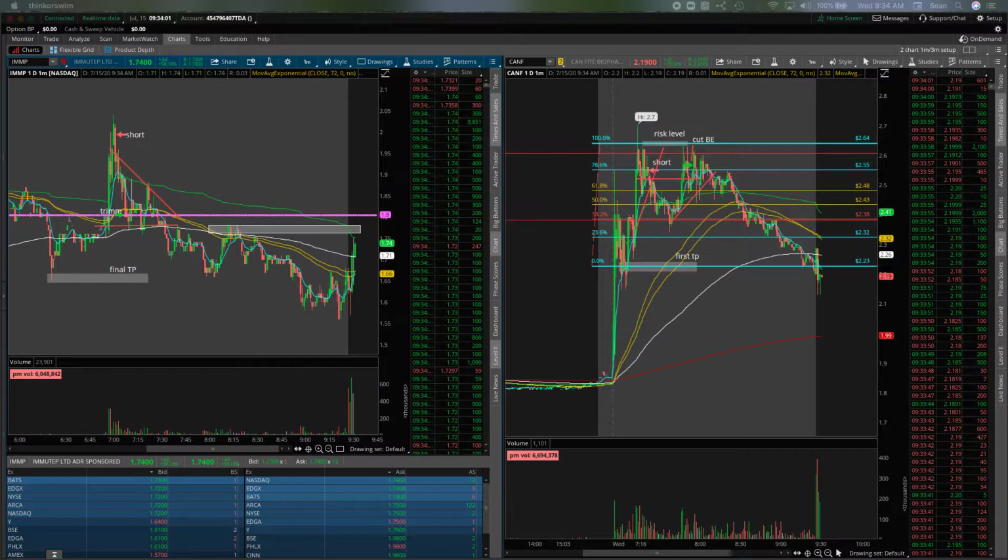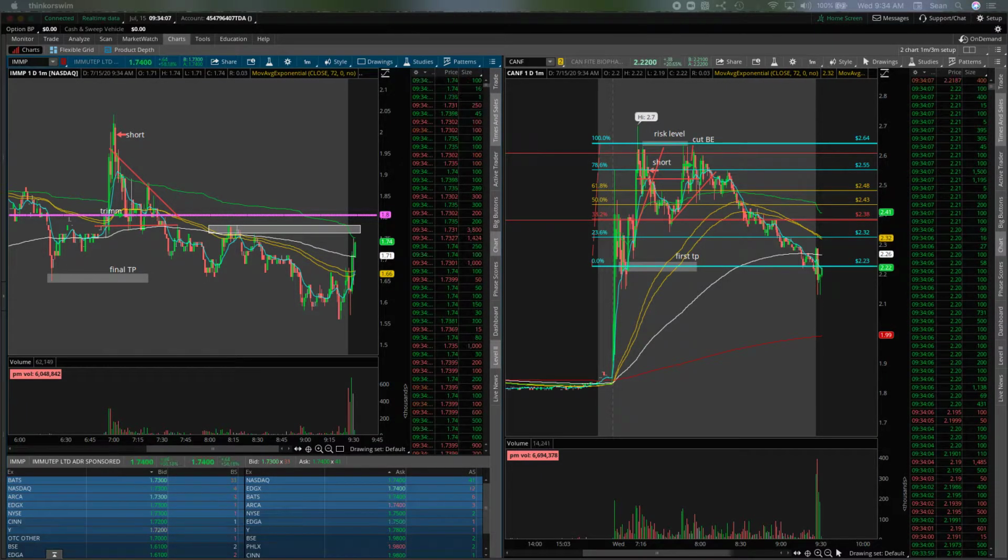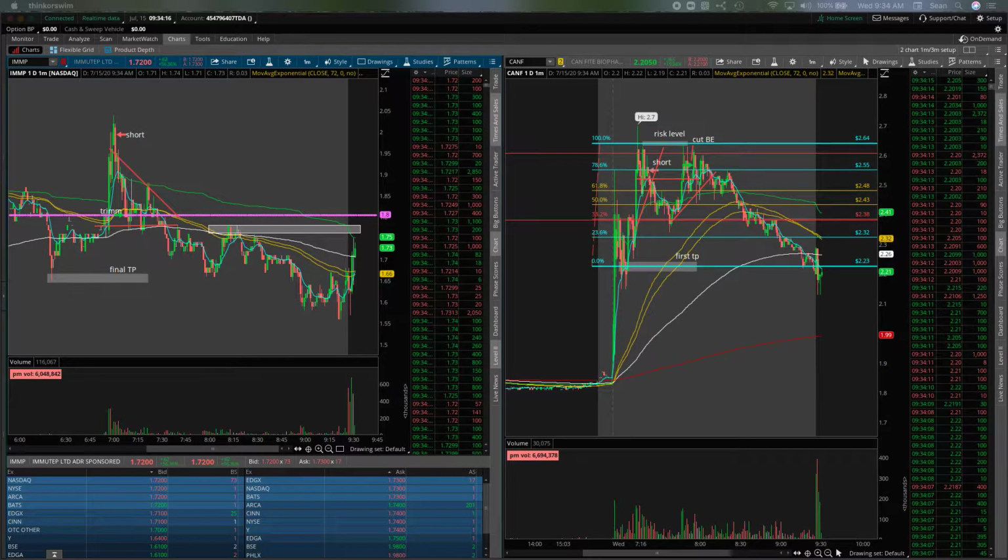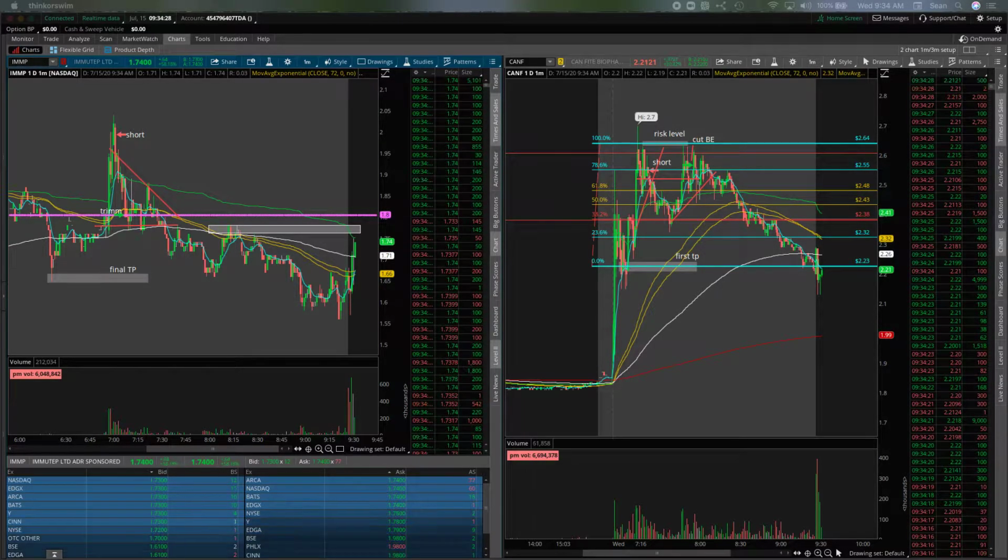I think she's done. If it flushes down below 395, out Apple for a scratch. Doesn't have volume over here. You see, didn't break that 250.